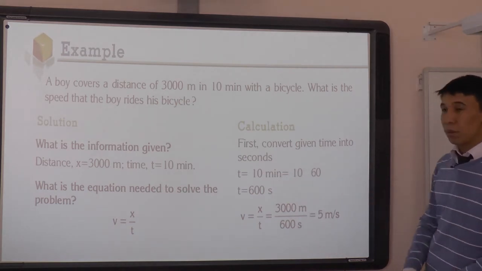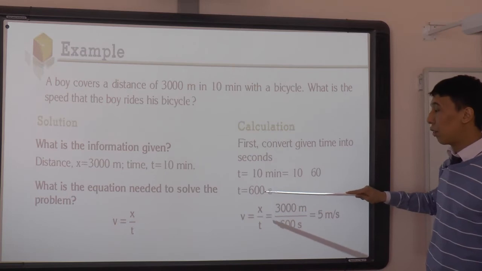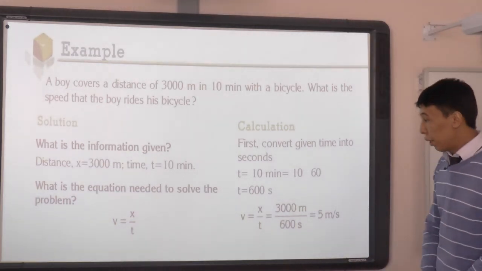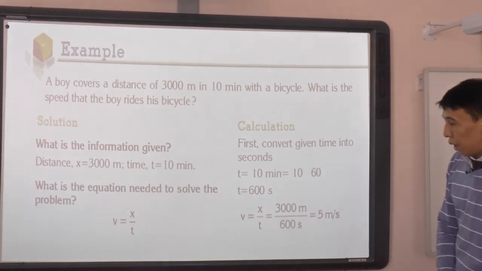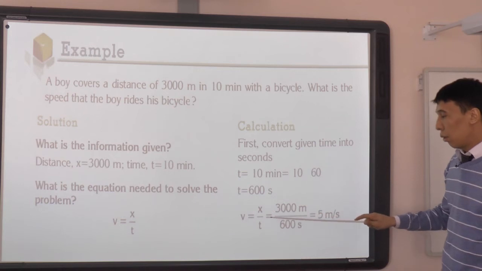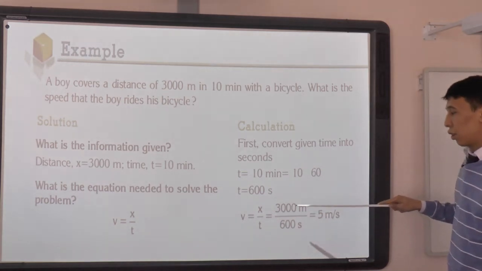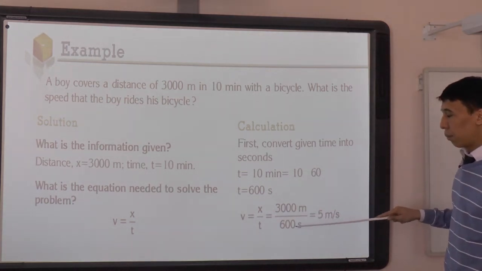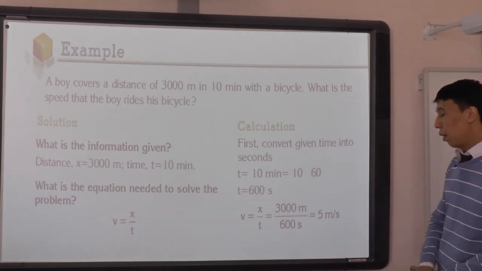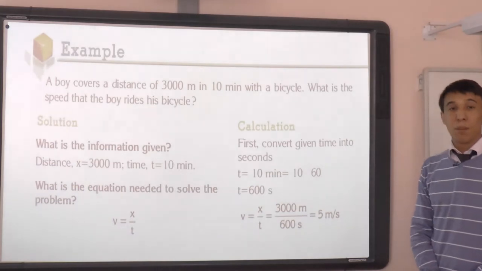So 10 minutes in total, if we convert it, is 600 seconds. So let's continue. By using this equation, finally we have what? 3,000 meters divided by 600 seconds. And in total we have 5 meters per second.